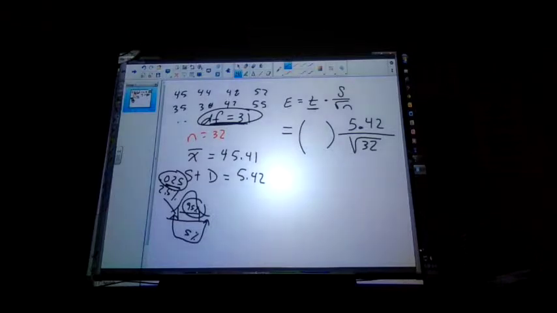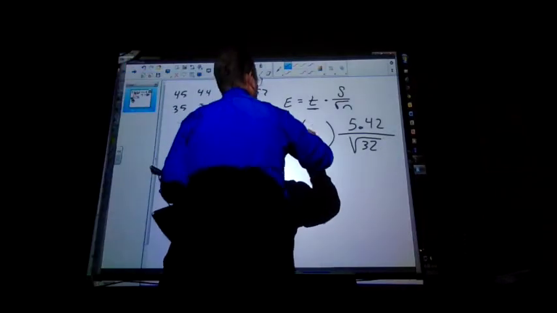Okay, so at 30, I'm going to find the 95%, which means my tail is going to be 0.025. So at 30, I'm going over to 0.025, and that looks like 2.042. Did I do that right? So I'm going to plug 2.402 into here.